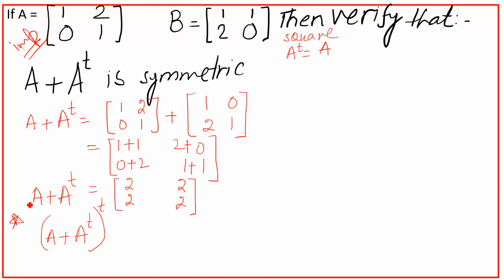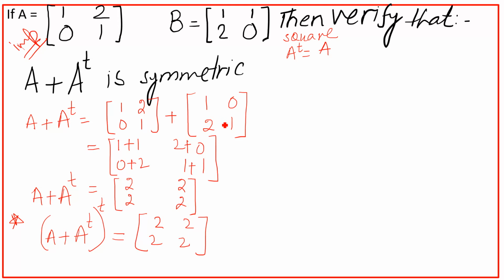Suppose this is the name of our matrix. Instead of a single letter A or B, we have this. So you have to take the transpose of this, because the second condition is A transpose. Whatever is the name of your matrix, take the transpose, and then see when we take the transpose, it is 2, 2, 2, 2, and it should be equal to A. So now our A is this one.